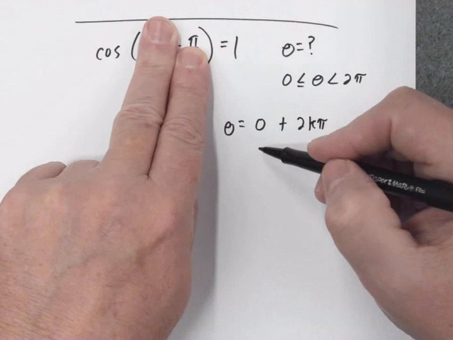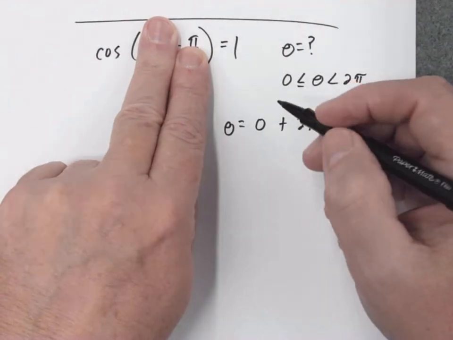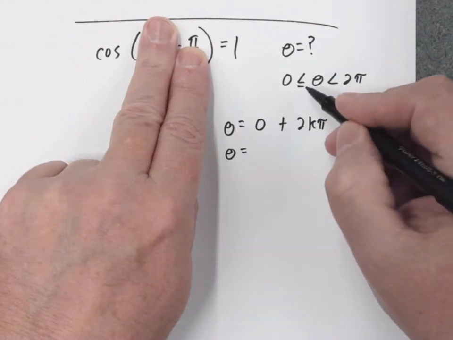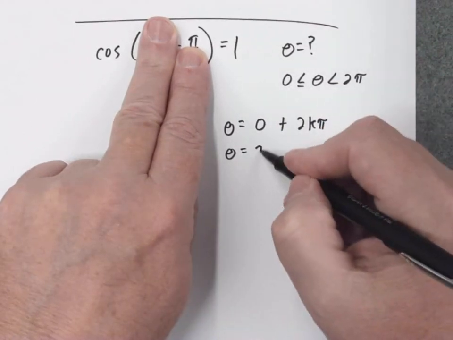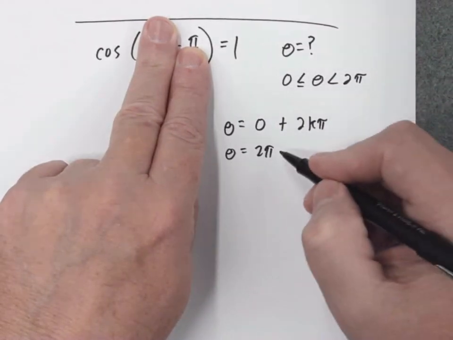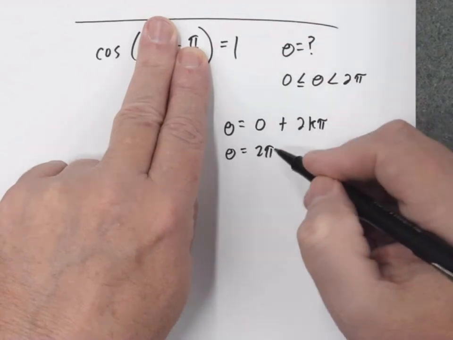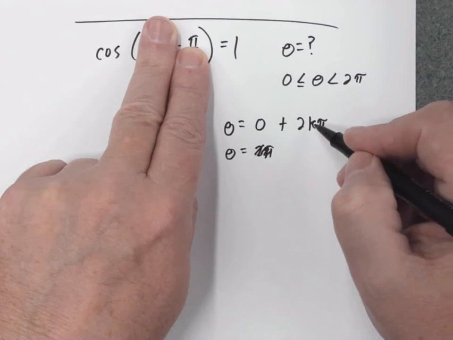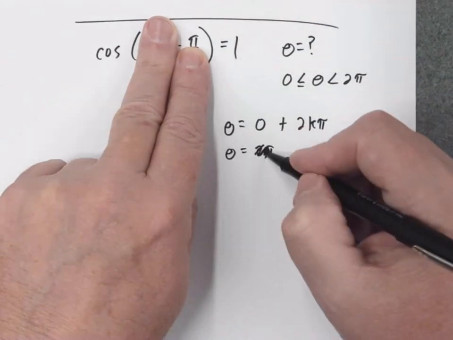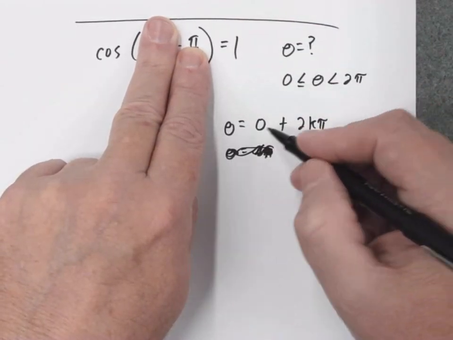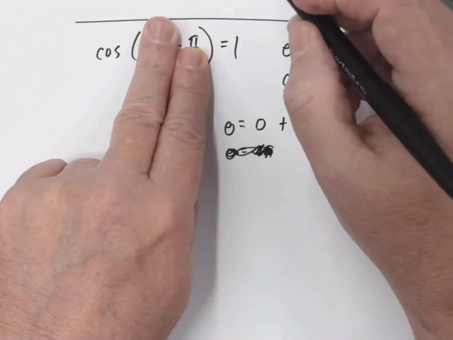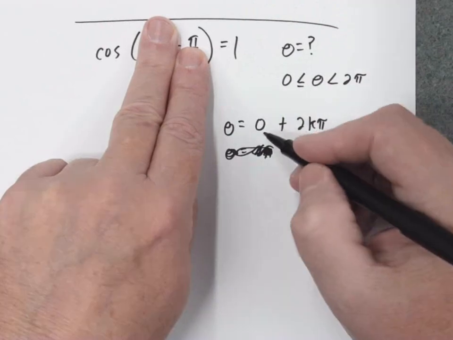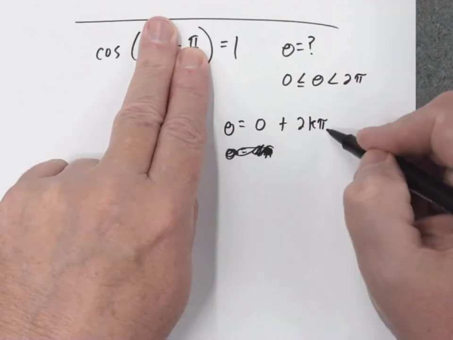Even though I'm looking at 0 to 2 pi, I don't need to put a 2 pi here, because when k is 1, that equals 2 pi. So for the unit circle, what's the angle where the cosine's 1? It's just angle 0 plus 2k pi.